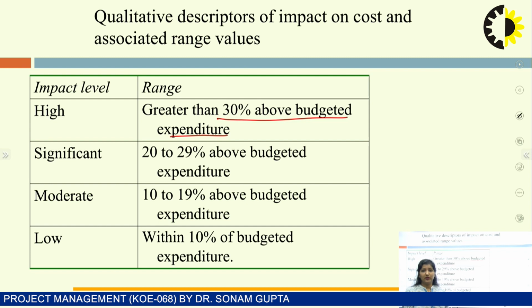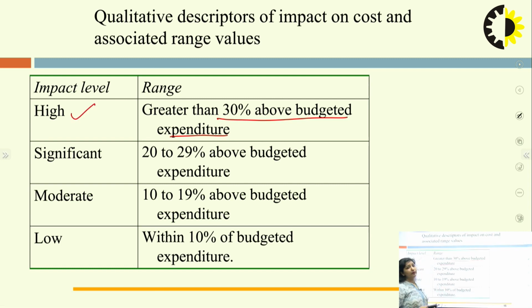Now, if the risk accumulates to be 30% above the budgeted level, we can say that the impact level of that risk occurring is high. If that level goes from 20 to 29%, we say that it is significant in nature. If the risk level is from 10 to 19%, then we say it is moderate in nature. And if it lies below 10% of the expenditure, then we can say that it is low in nature. So this is how that risk can be analyzed based on the cost as well.